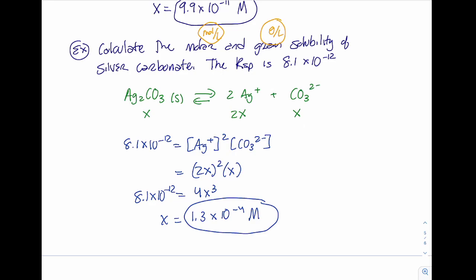So silver, I need to multiply its molar mass by 2 because there's 2 of them, plus my molar mass for carbon, plus the molar mass for oxygen that I multiply by 3 because there's 3 of them. And I get 275.75 grams per mole. And I am just going to double check that real quick.